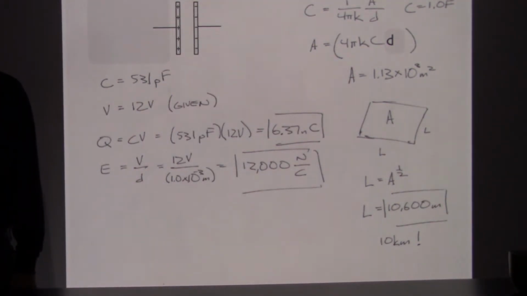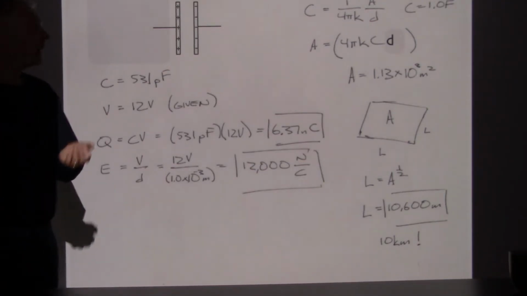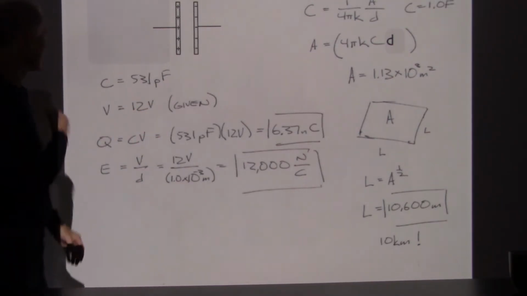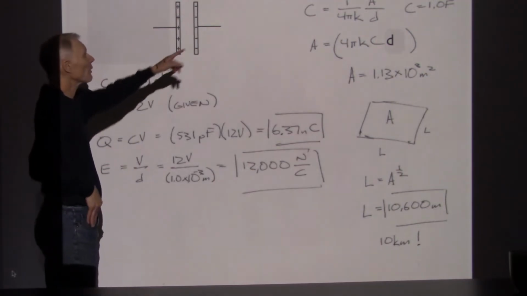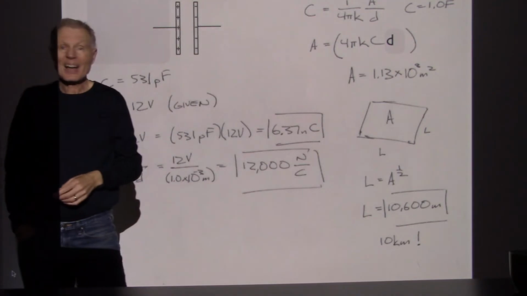Okay, how am I going to make the capacitor fit tiny dimensions? Because when I look at these capacitors inside electric devices, they're tiny. The capacitors are just tiny devices. And there's a couple things we have to look at here. First of all, the distance between the plates that we're using, a millimeter, that's enormous.